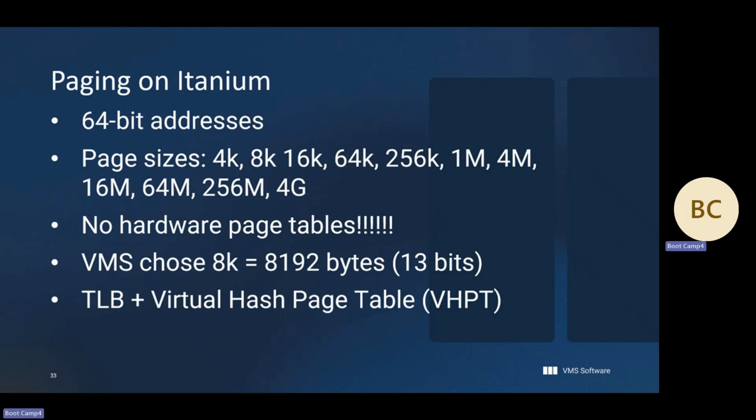These are in memory. So the TLB is just an address cache. The virtual page table hash is essentially another cache for addresses that is managed by software but accessed by hardware.